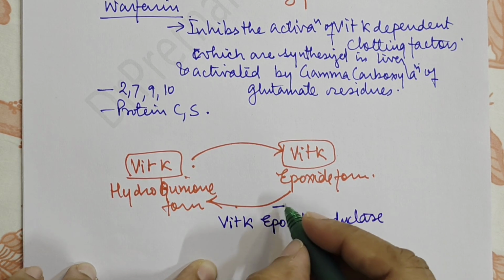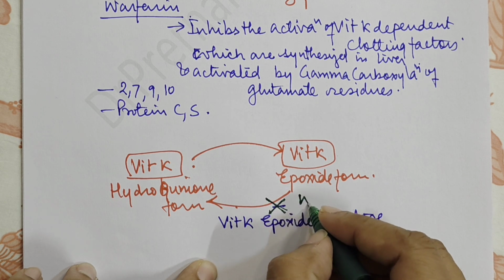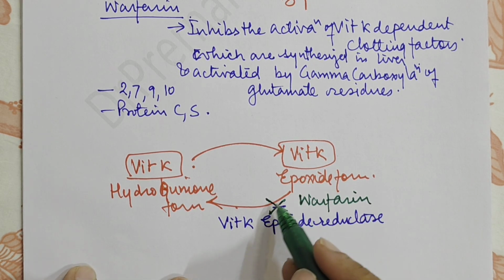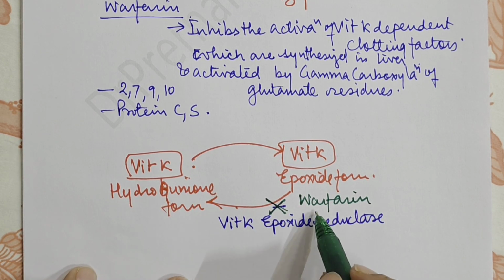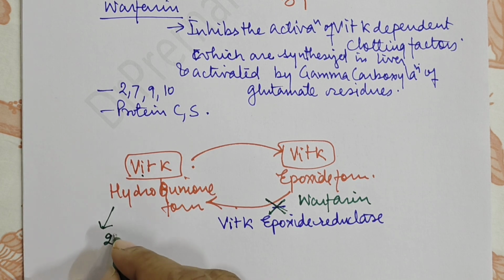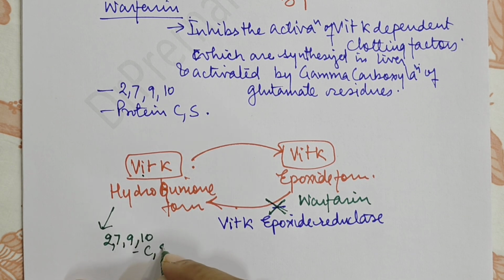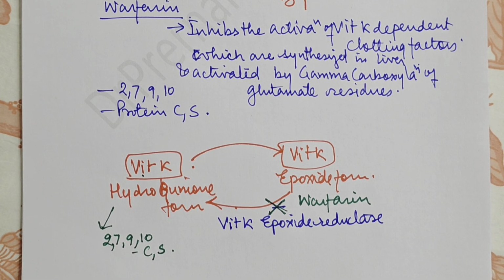This enzyme is inhibited by warfarin. The hydroquinone form is the one which activates factor 2, 7, 9, 10, protein C, protein S. So this is the mechanism by which warfarin inhibits the activation of vitamin K dependent clotting factors.